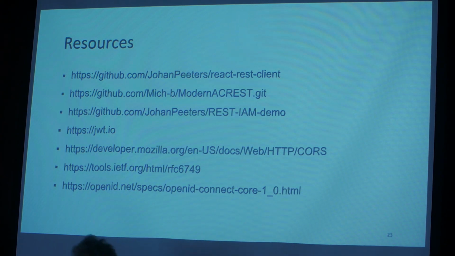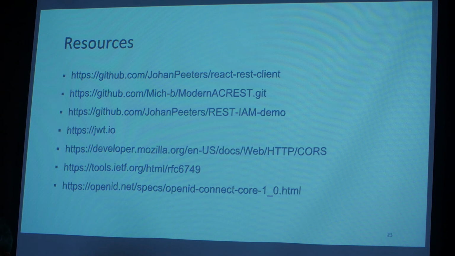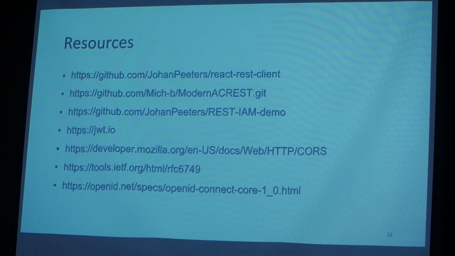Here there are some resources that you may care to look at. The repo for the client is at the top. Then Michael has a repo that not only does this kind of thing, but also goes into SAML, for example. He also uses another authorization server than Auth0: he uses Identity Server.